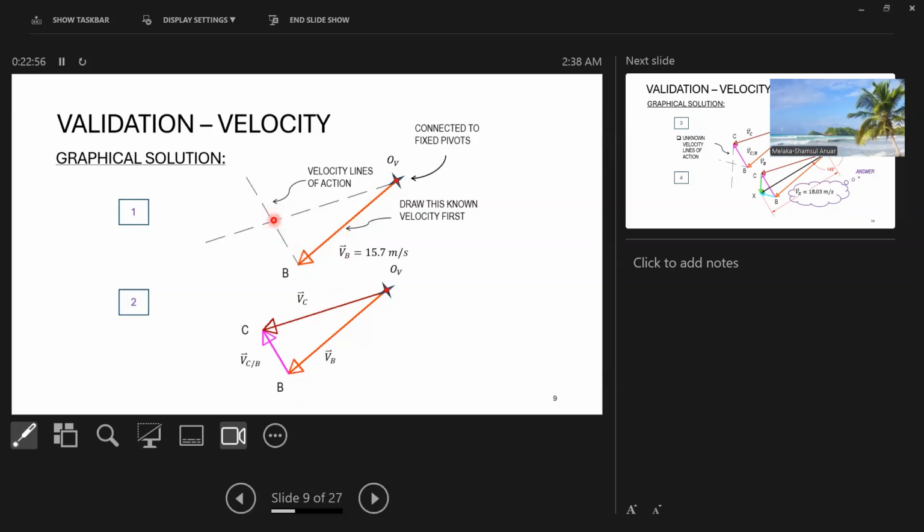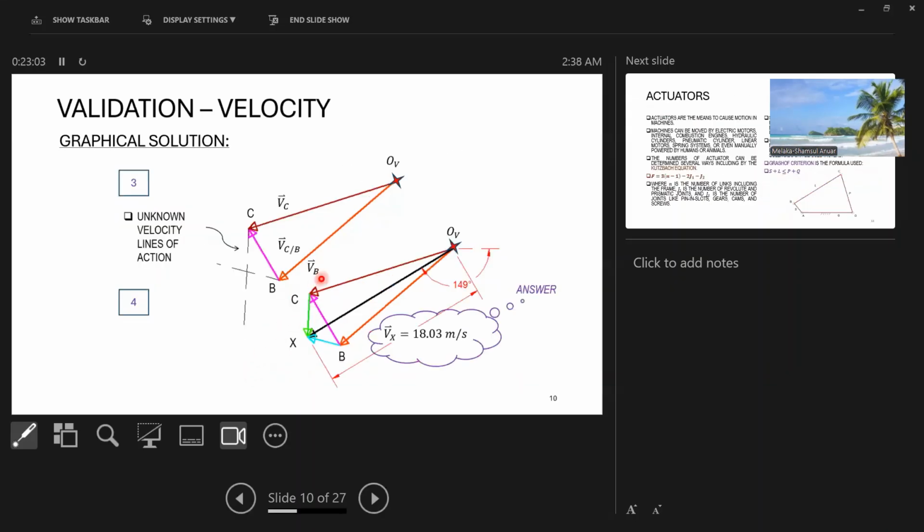Okay, solving that by knowing this intersection, we get our VC and also VCB. And then we can extend that information by these two lines that are perpendicular to R6 and also R7. And we got X over here.